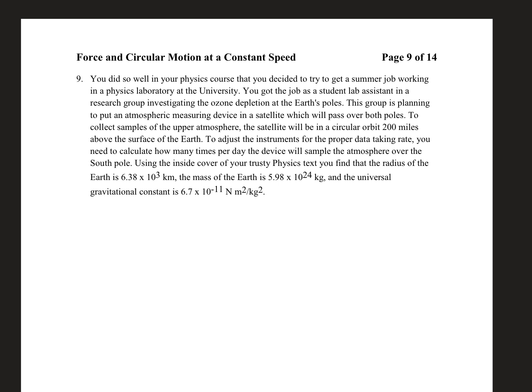So here we have another situation. This is kind of related to the Earth orbit Python lab. So let's take a look at this. The satellite will be in a circular orbit 200 miles above the surface of the Earth.